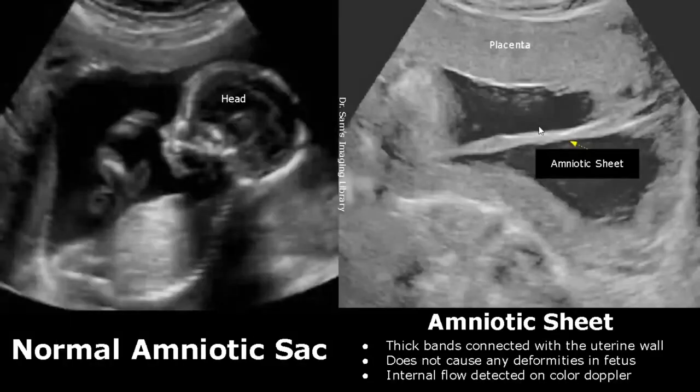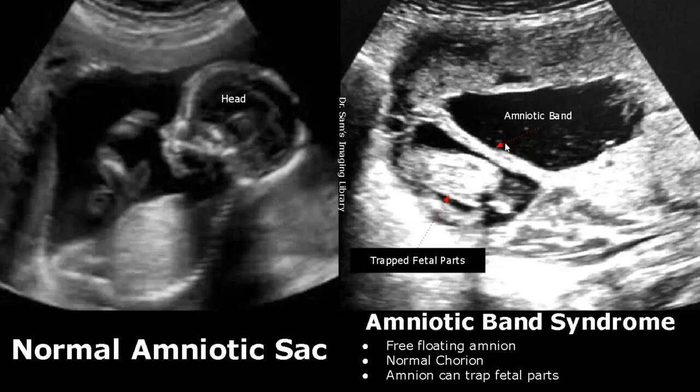Amniotic sheaths are thick bands of amnion that are connected to the uterine wall. They do not cause any deformities in the fetus because they do not trap any fetal part. On color Doppler, internal flow can be detected.